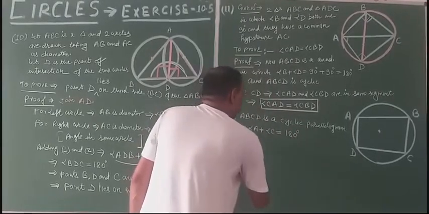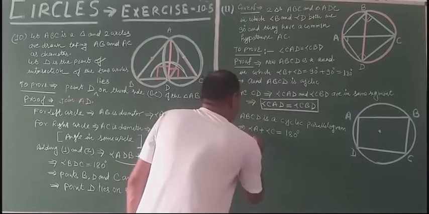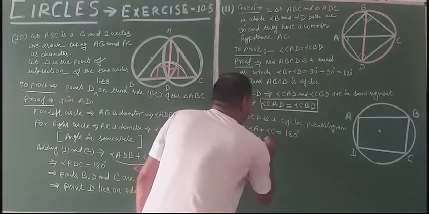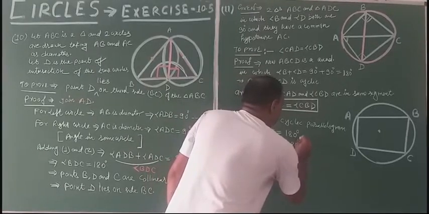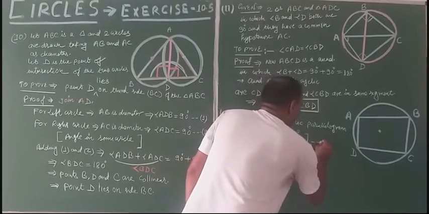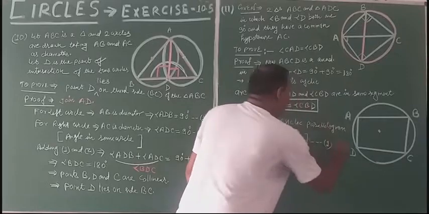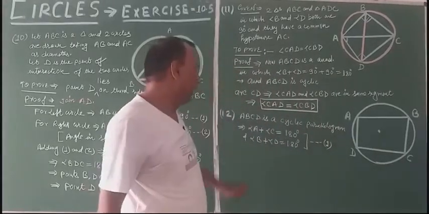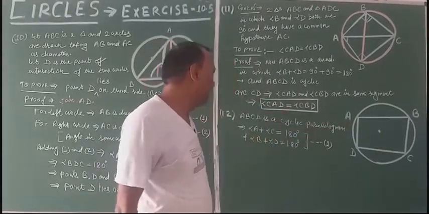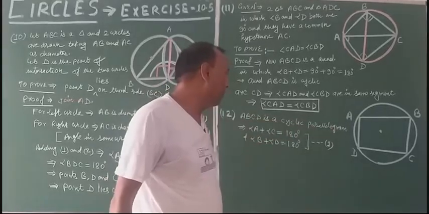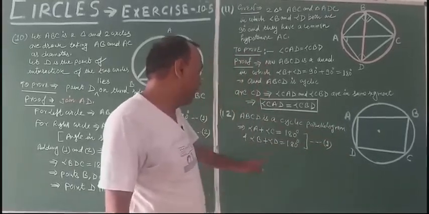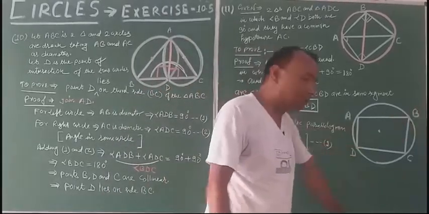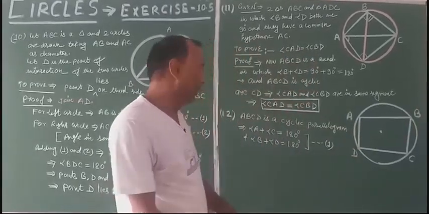Okay, and angle B plus angle D will also be 180 degree. Is it there? Since ABCD is a cyclic parallelogram, angle A plus angle C will be 180, and angle B plus angle D will also be 180 degree. This is equation number 1.